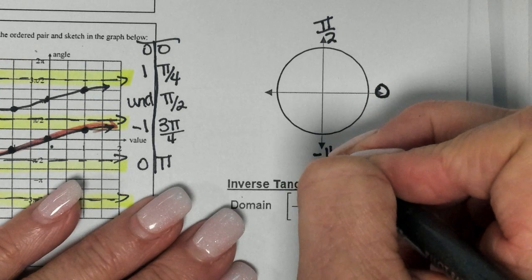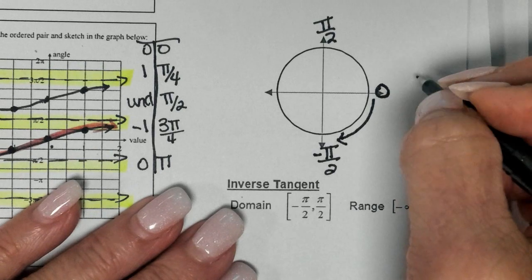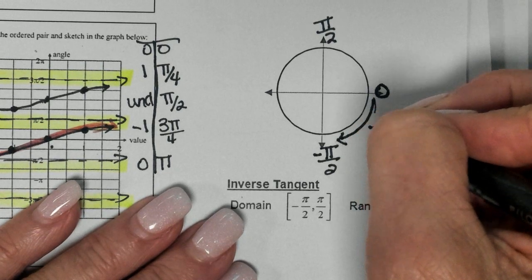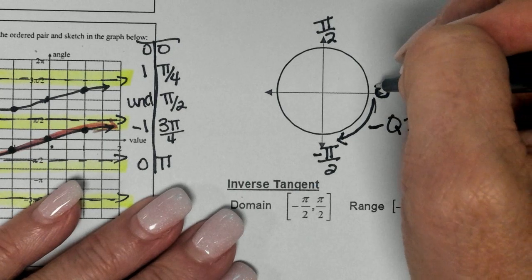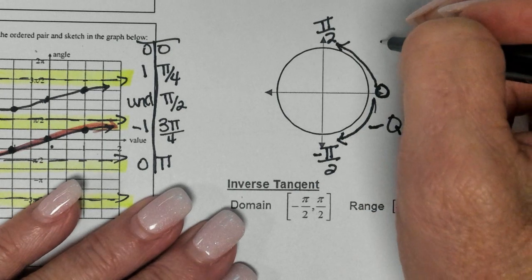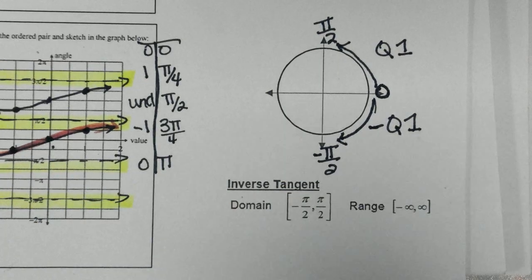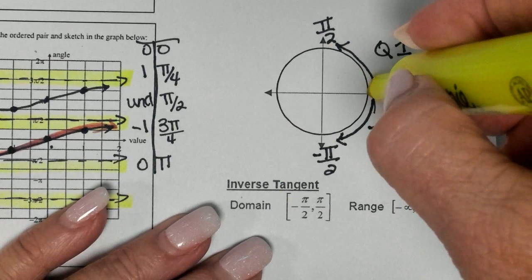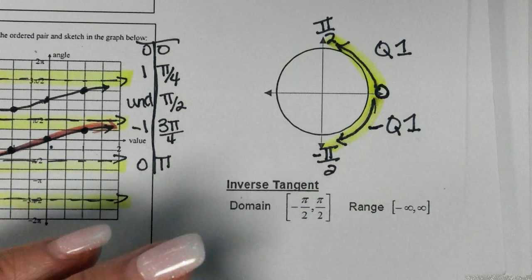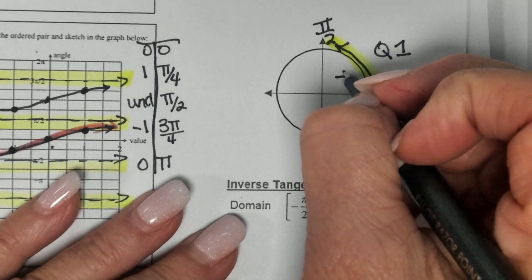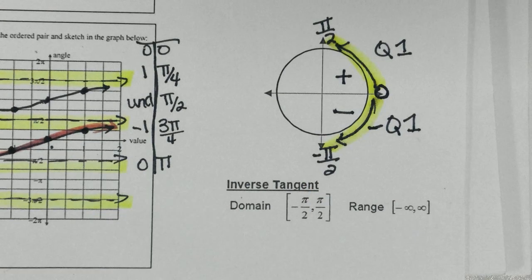And down here we're at negative pi over 2. When we head towards negative pi over 2, that's negative quadrant 1. And as we head to pi over 2, that's positive quadrant 1. And we're only allowed to use these two quadrants when we're dealing with the inverse. There's our positive ratios, there's our negative ratios.